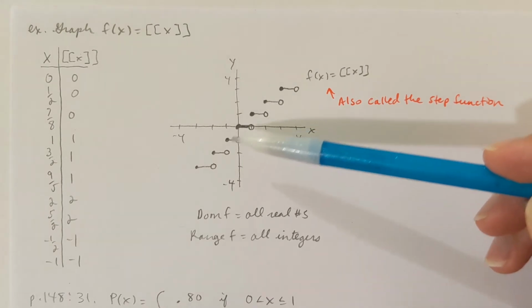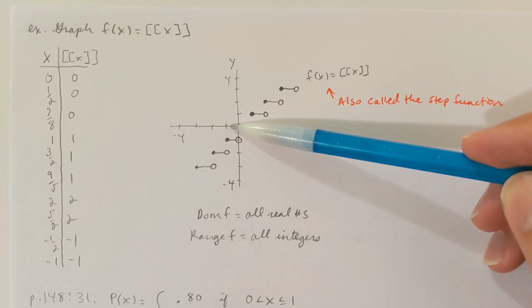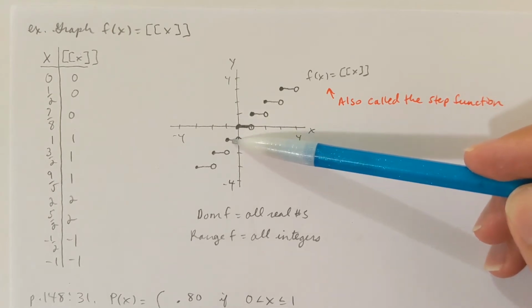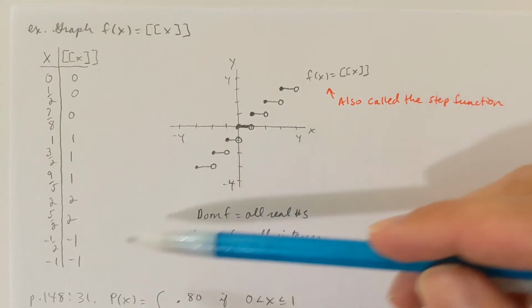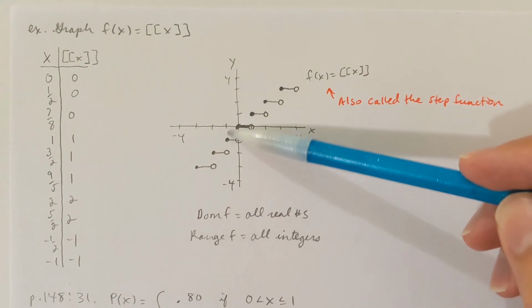This function also works for negative numbers. If x is -1/2, brackets -1/2 is -1. Brackets -1 is -1.